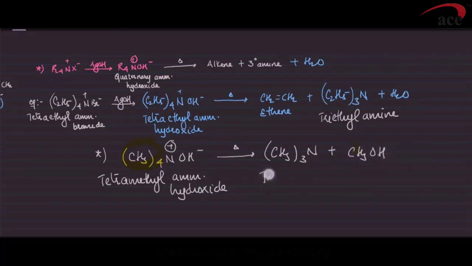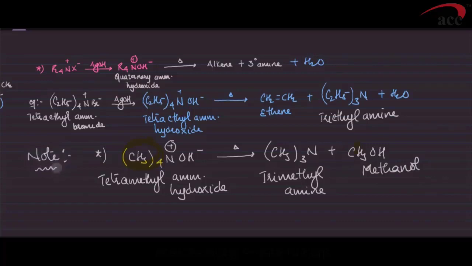So it will give you trimethylamine and methanol. So there is an exceptional case. I'll write this down as a note: suppose all the alkyl groups are methyl, then one of the products is methanol along with the tertiary amine.